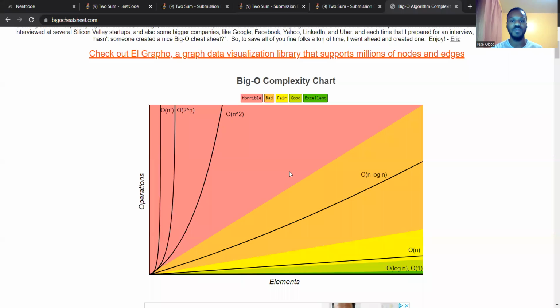So I've also pulled up the BigO cheat sheet, and on here you can see n squared is generally considered a horrible runtime. For some problems, especially advanced problems, n squared is actually often a decent runtime. However, in general, n squared is a horrible runtime. So we should try to find something a little bit more efficient.